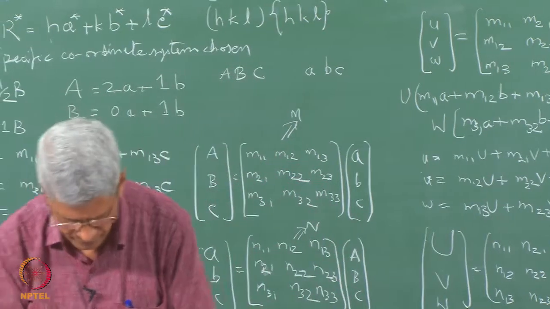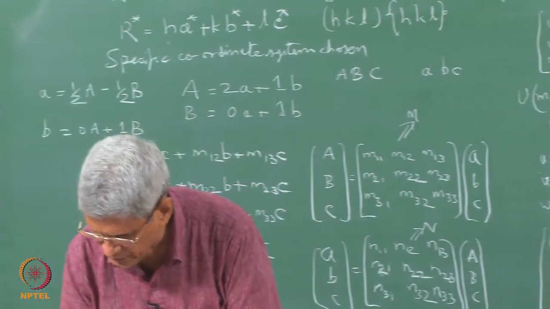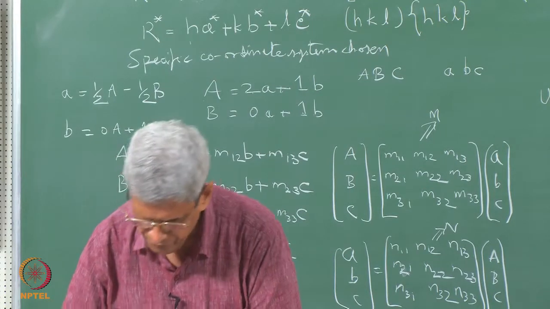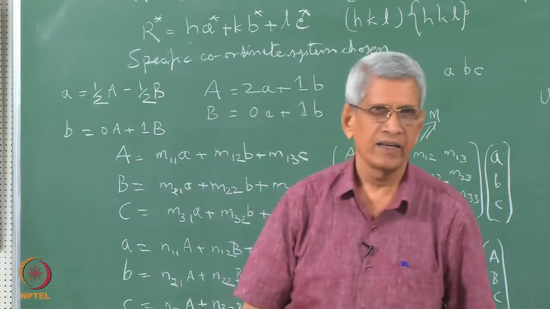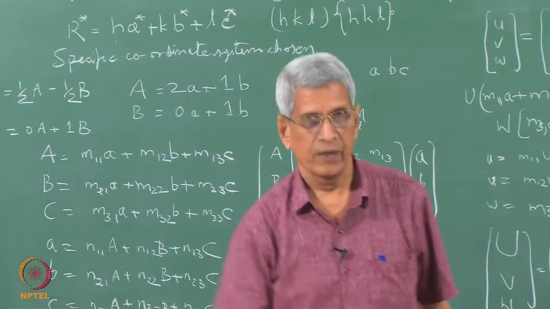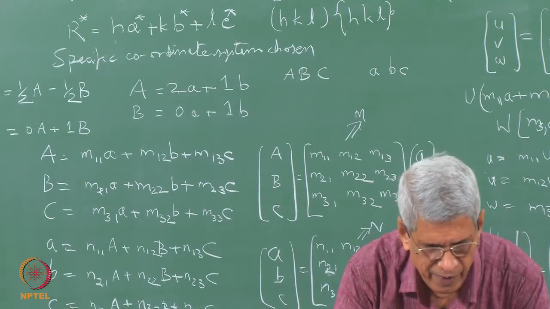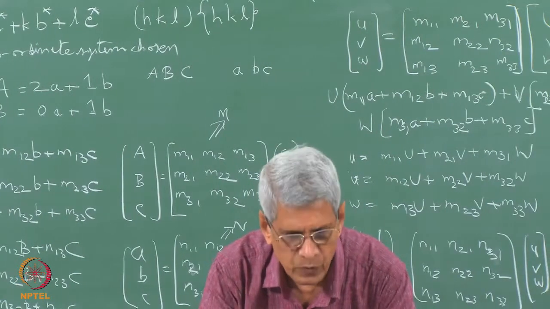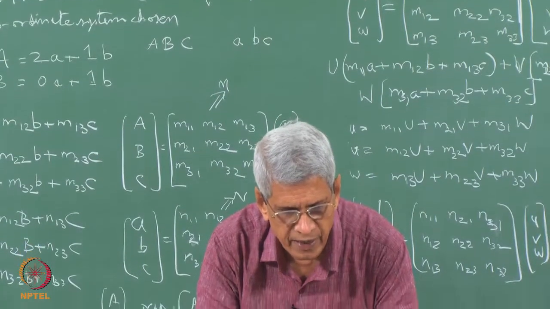Let us just take one example. What we will do is, from a simple hexagonal lattice it transforms to an orthorhombic unit cell. If we come back to this lattice shown in this slide, this is essentially a hexagonal lattice.